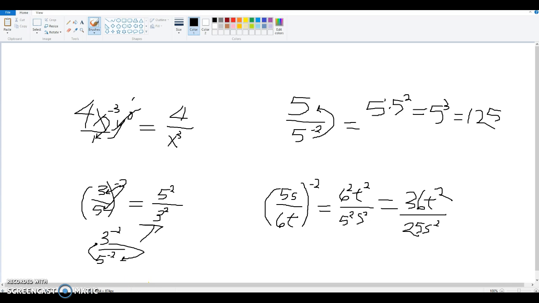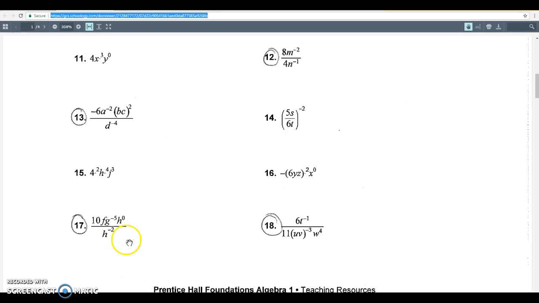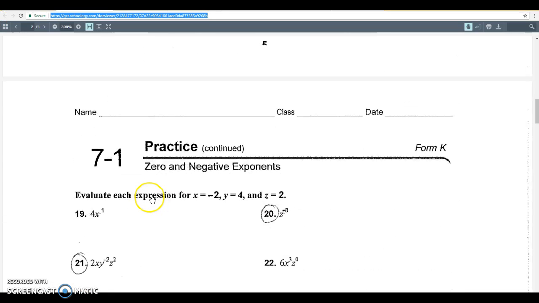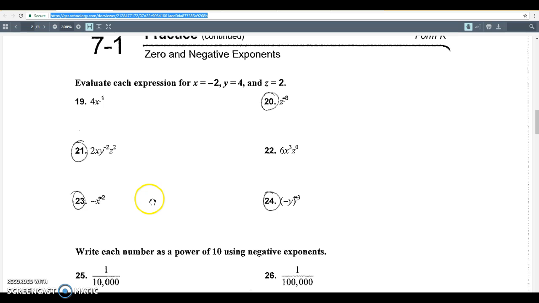All right. So that's enough from that section. Okay. Here, this is just evaluations, and we're putting in values for x, y, or z. I think that one is pretty straightforward.